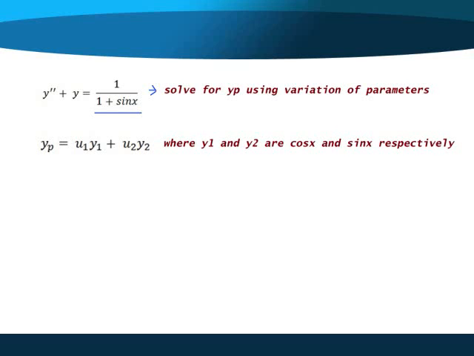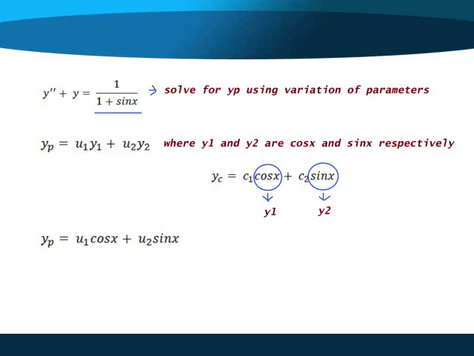This cosine x and sine x, by the way, is taken from our yc, with the first term cosine x referring to y1 and the second term to y2. So now, our yp would be equal to u1 cosine x plus u2 sine x. Since we already have our equation for yp, the next step would be to find the unknowns u1 and u2.